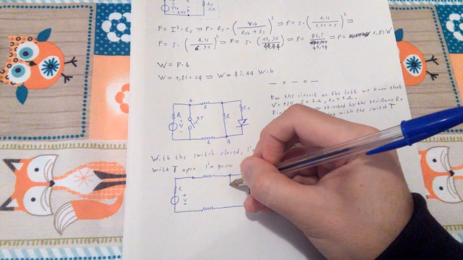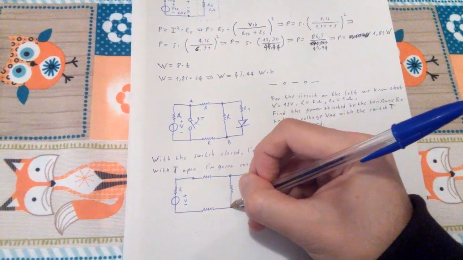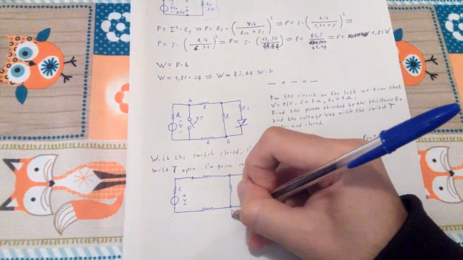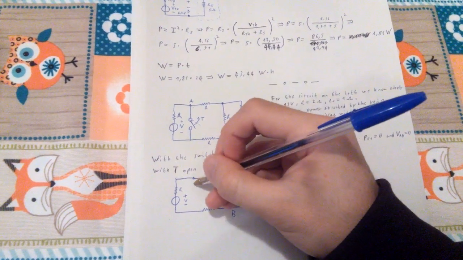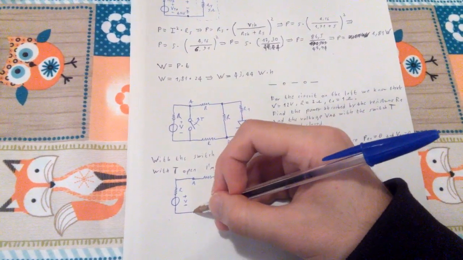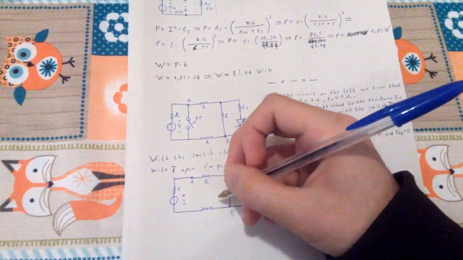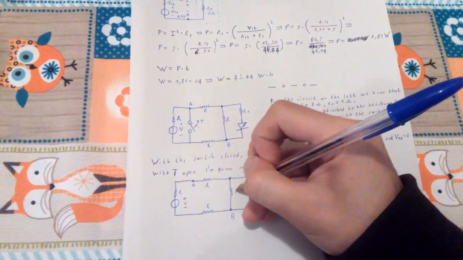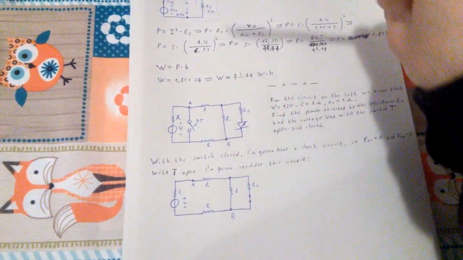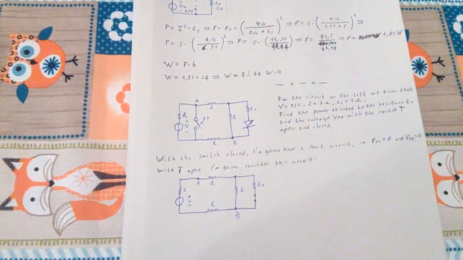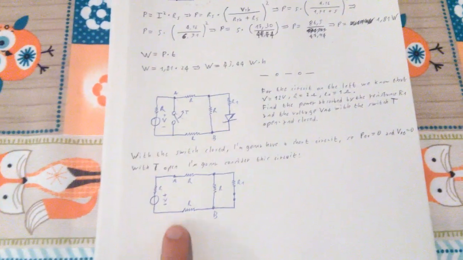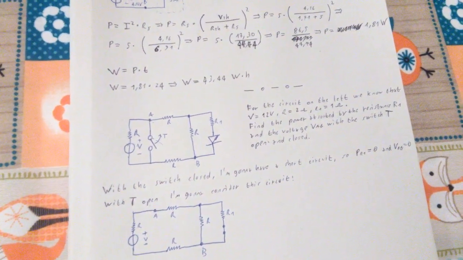Here, I still have the resistance that I had before. This is still my point B, and this is still my point A, but I'm not going to have anything attached here. So this is R, this is R, this is R, and this is R1. So I'm just going to work on this circuit here.